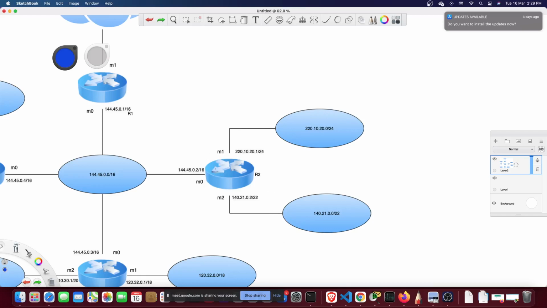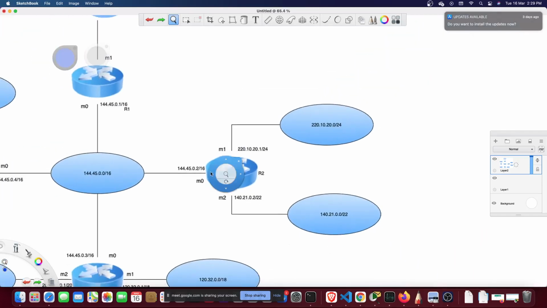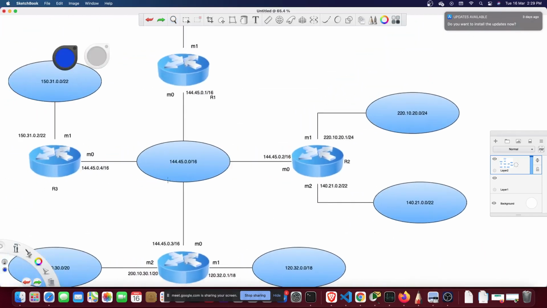Total three. As you can see here, this center network, what is the network address here? 144.45.0.0/16. This is a common network that is joining all these four routers. What is the IP of M0? 144.45.0.2/16, which is slash or CIDR notation.